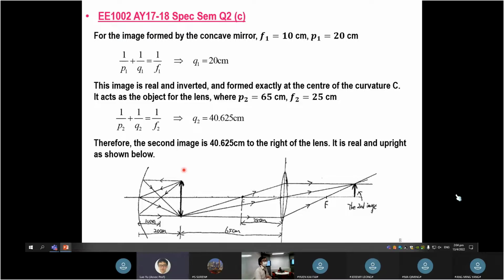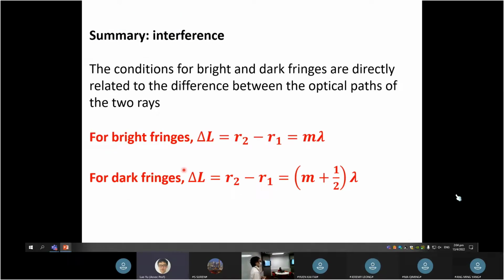So then the second part is the interference of light. For interference of light, as I mentioned, as long as two beams of light have the same frequency and meet each other in space, they will form a bright or dark fringe. This is what we call interference.